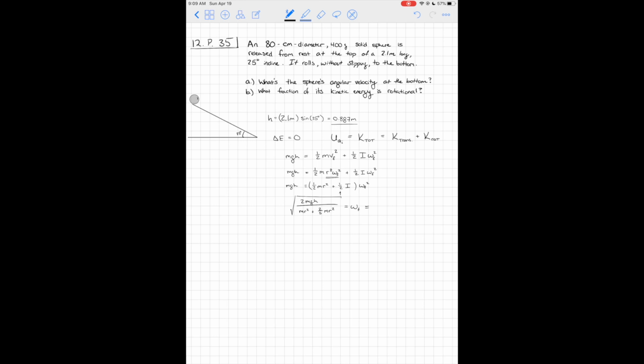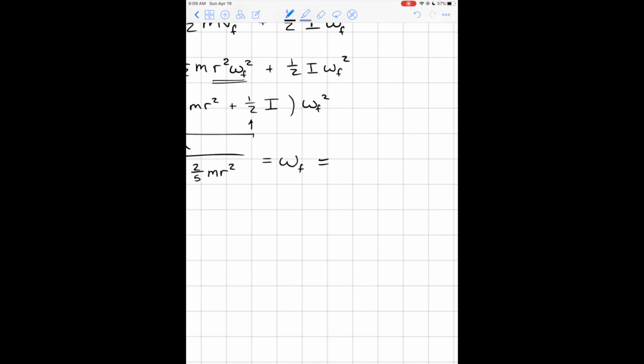I get an answer for this omega f equal to 88 radians per second. And radians per second, remember, that is our unit for angular velocity or angular speed.